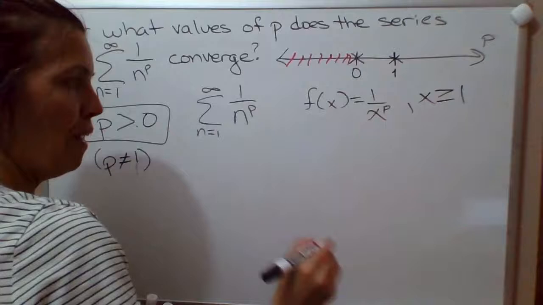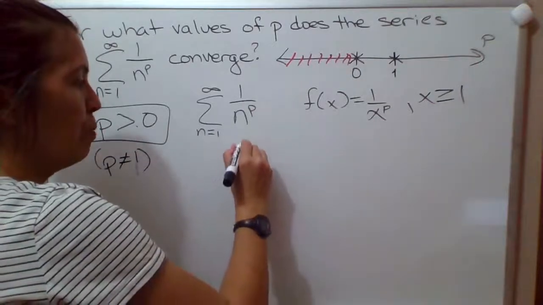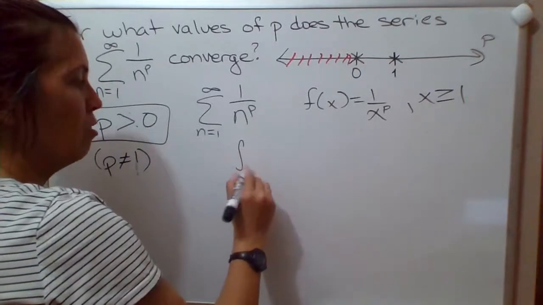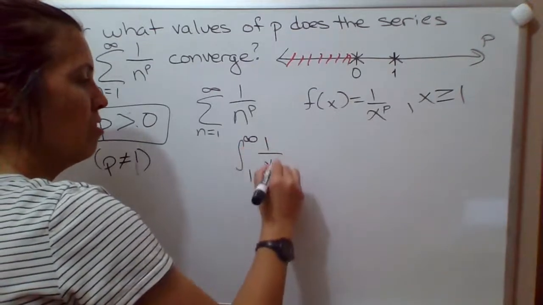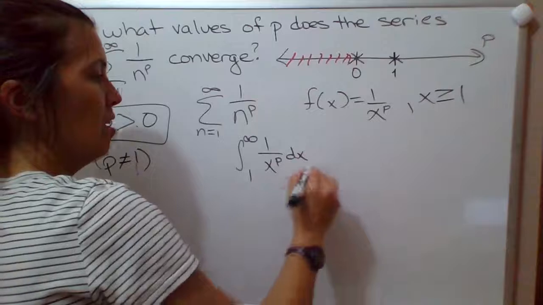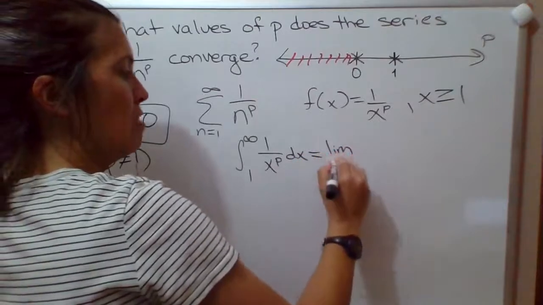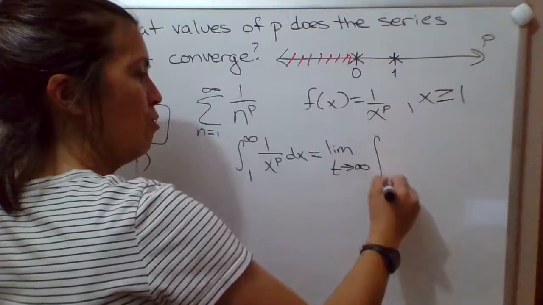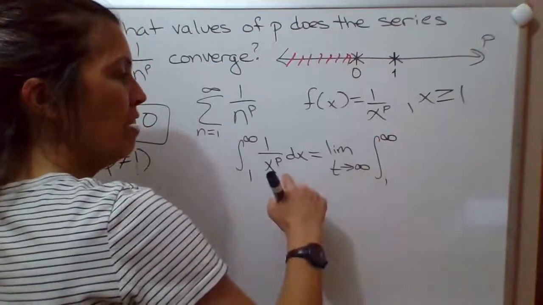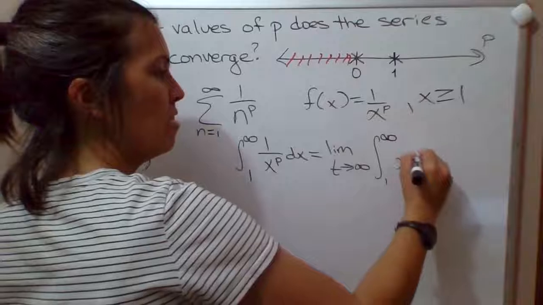So we can apply the integral test. If we apply the integral test, the integral from 1 to infinity of 1 over x to the p is the limit as t approaches infinity of the integral from 1 to t of, instead of writing 1 over x to the p, I'll write it as x to the negative p.